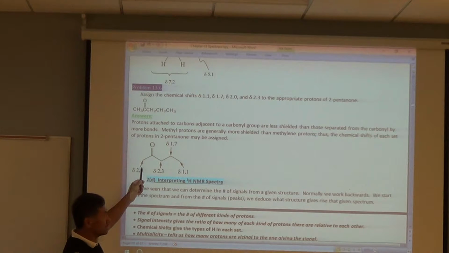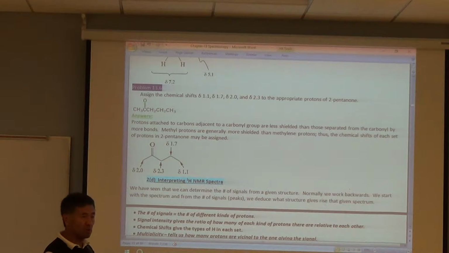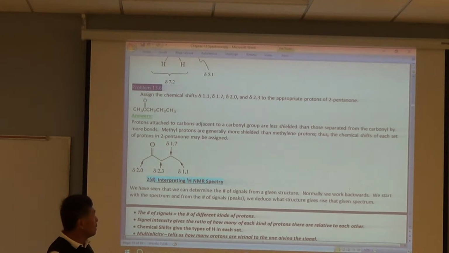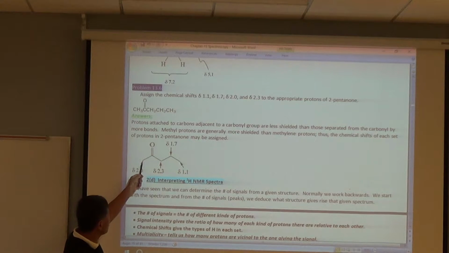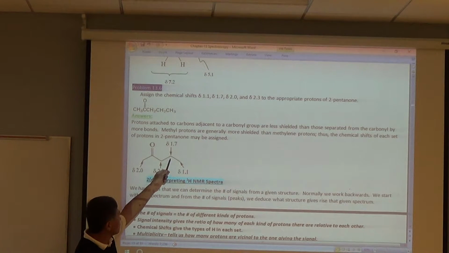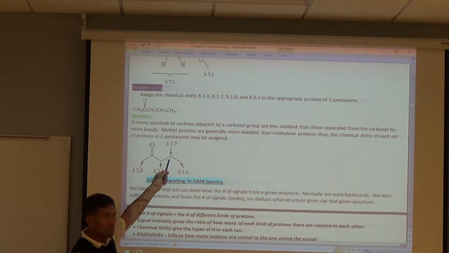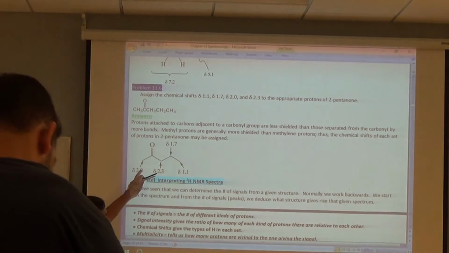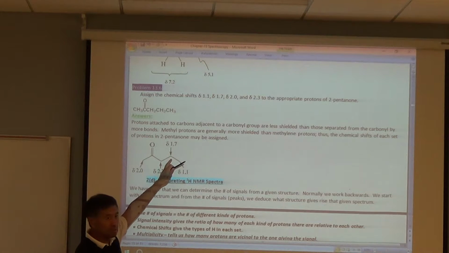And this methyl, usually the methyl will be more shielded and have a smaller number than those methylene. But here, this CH3 has a larger number than this methylene, this CH2. If you didn't have the oxygen, the number should be smaller than this number.